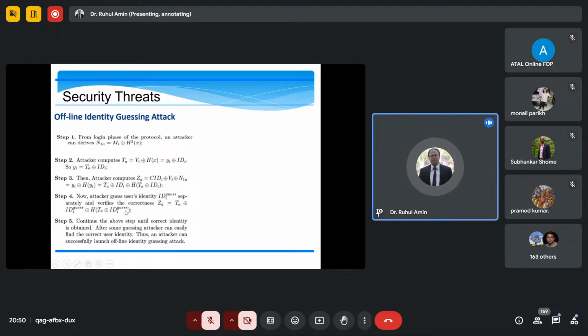Now for the IDI guess, one by one the attacker is guessing the identity and verifying whether the value of ZA is matching or not. If it is matching, then the attacker will easily get the identity of that particular user.